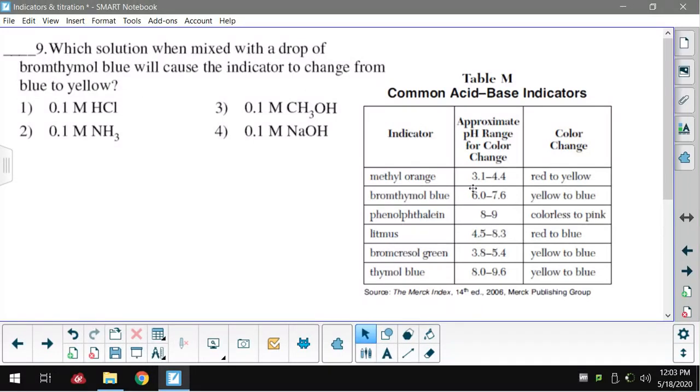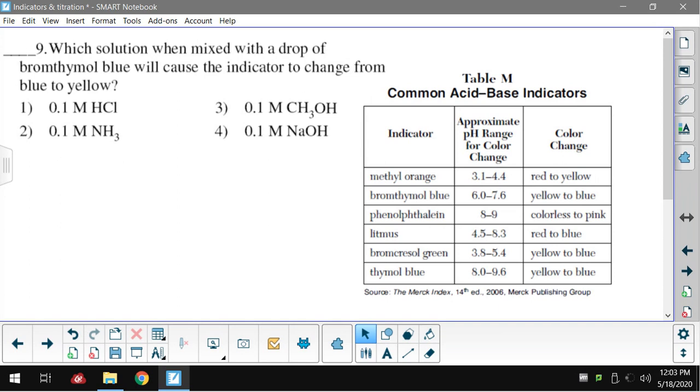That means you had to have put an acid in there. And the only one that's going to make it change from blue base to yellow acid is going to be HCl. Ammonia and sodium hydroxide, 2 and 4, are both bases as listed on Table L.